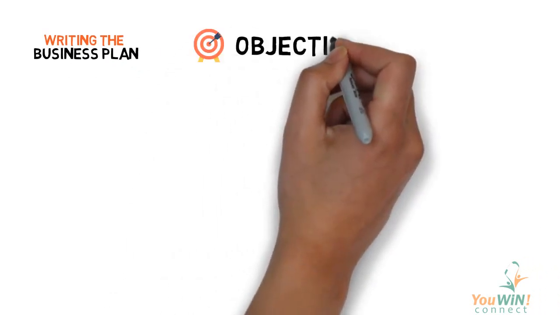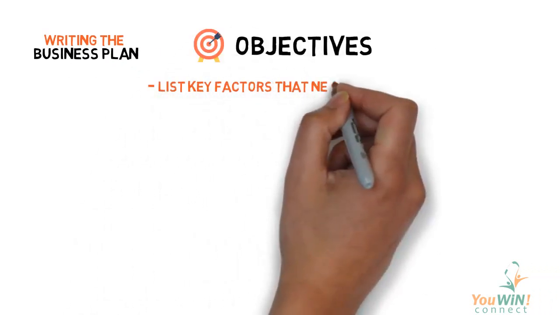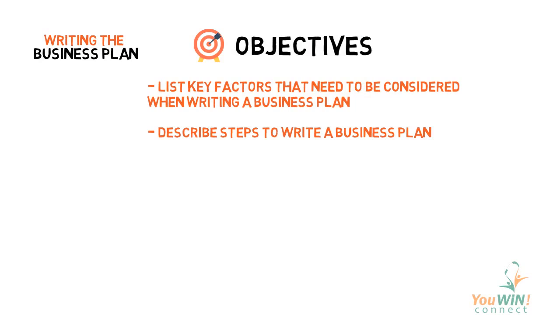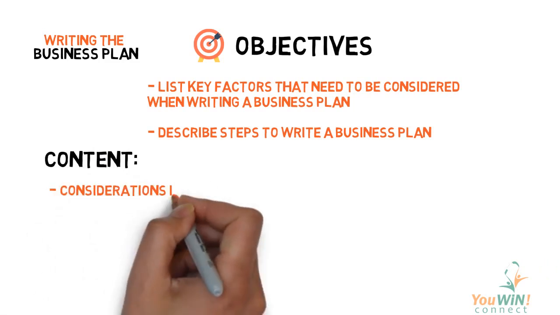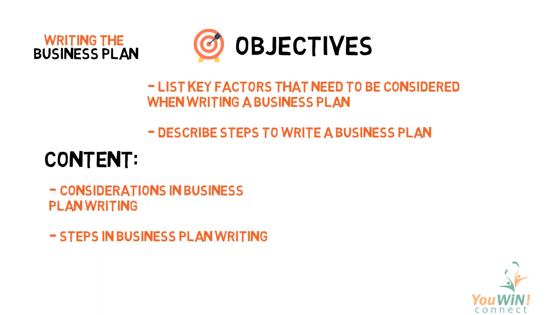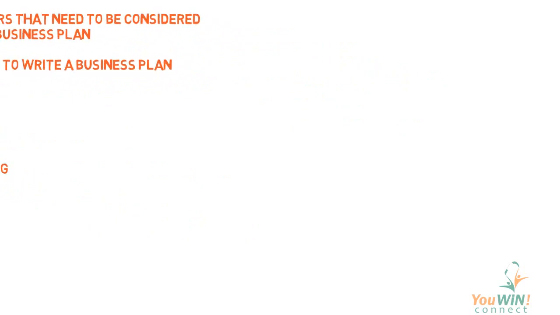The objectives of this are for us to be able to list the key factors that need to be considered when writing a business plan, and of course be able to describe the steps to write the business plan. In terms of content, we'll note the considerations in business plan writing, and then also the steps in business plan writing.